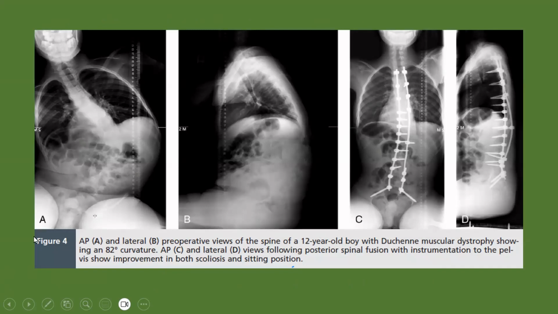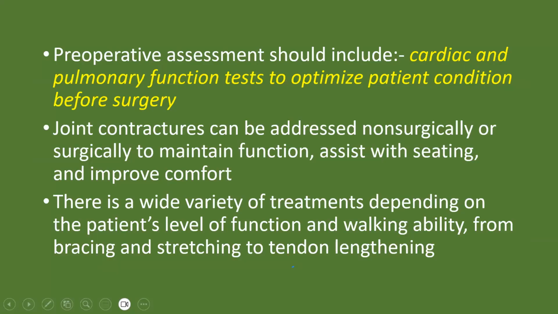Preoperative assessment should include cardiac and pulmonary function tests to optimize patient condition before surgery. I'm going into detail because you are going to be dealing with these cases.